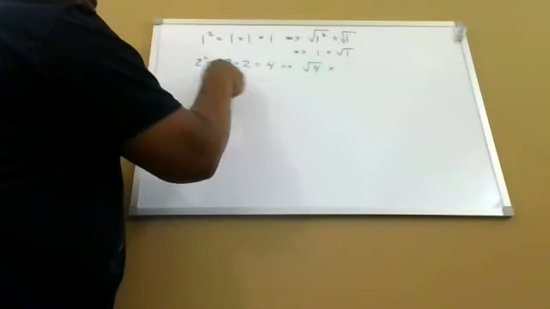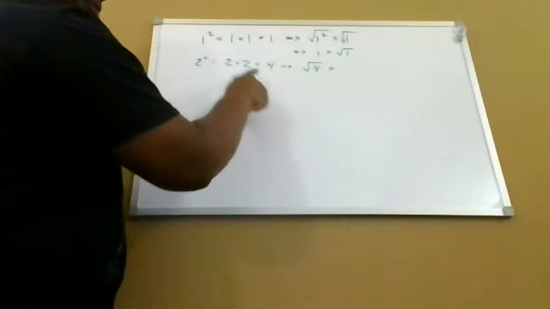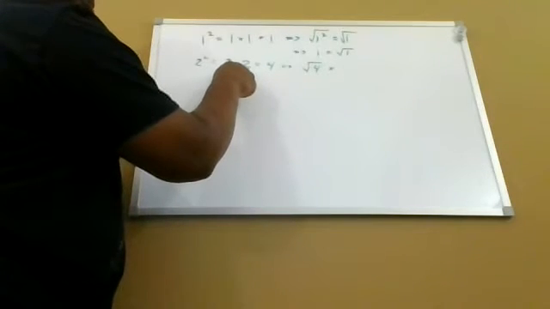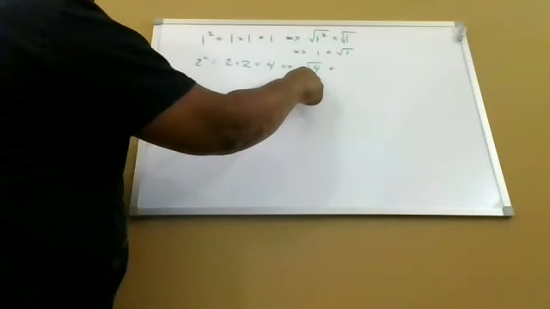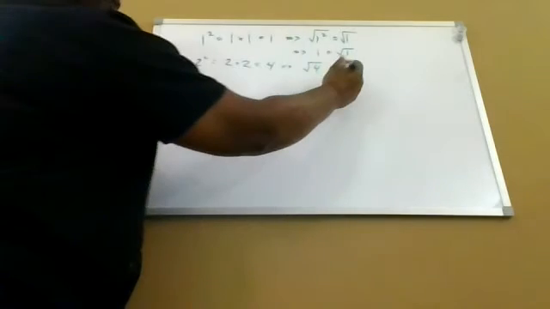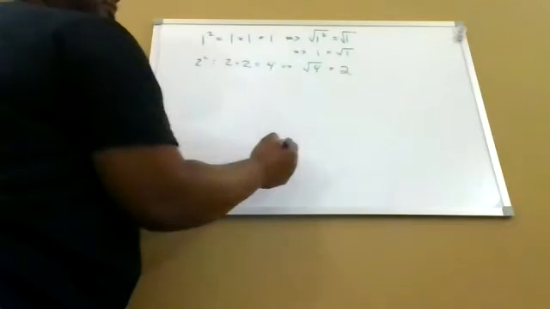Oh, it's the number 2. 2 is the one number I multiplied twice to get the number under the radical. So the square root of 4 is 2.